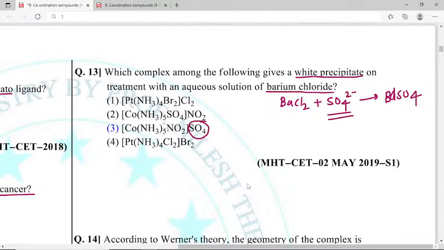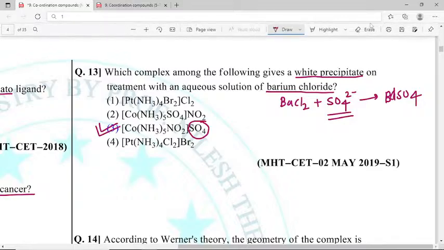So this is the sulfate here. So this is your answer, sulfate. Okay, sulfate should be present in the ionization sphere, so gives the white precipitate.